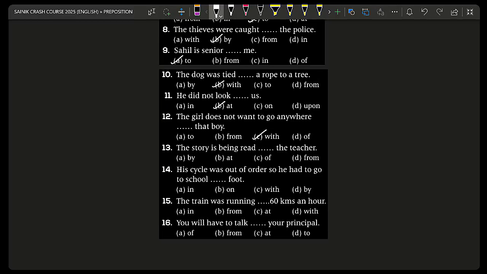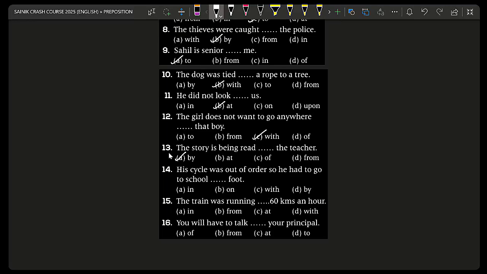Aryan, can you answer the 13th question? The story is being read dash the teacher. By. Yes, by. By always follows the doer of the work. The doer of this work is the teacher. By. Next, 14th one.